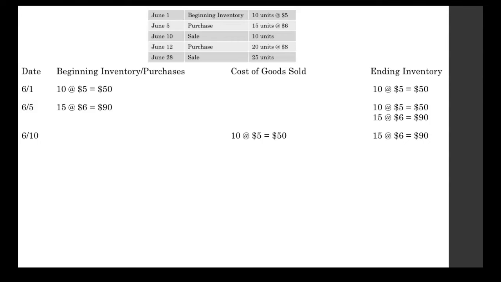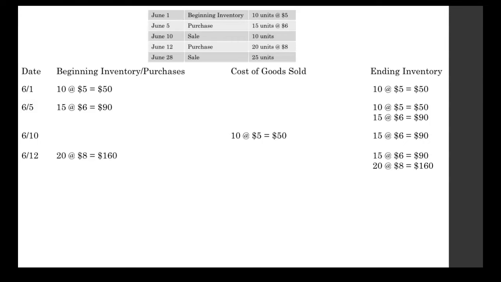So we are going to sell all 10 of those here on June 10th. So we write that under our cost of goods sold column. Then over under ending inventory, we notice we don't have those units at $5 a piece anymore because we just sold them. So now we just have these 15 units at $6. So we write that out as our ending inventory.